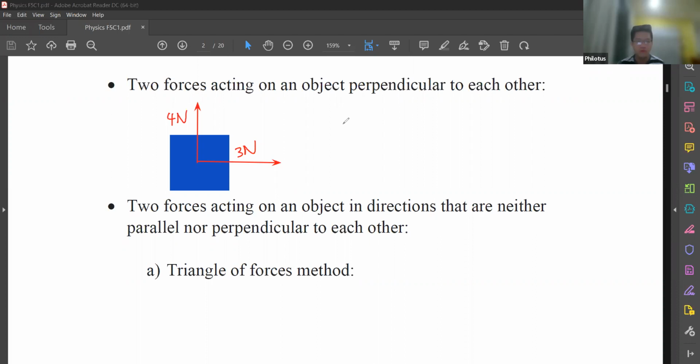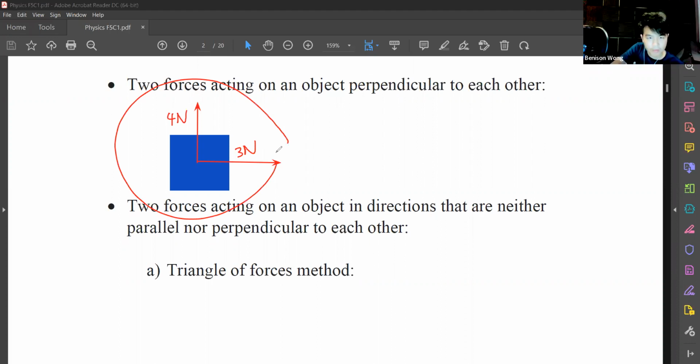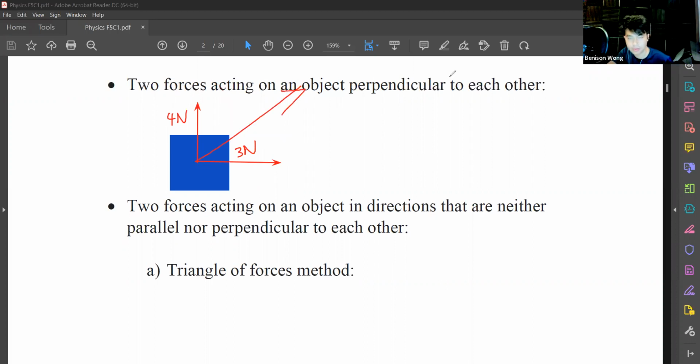When you have an object like this, you pull with a force in this direction, to the right, and then you pull with a force in the direction upwards. What will happen is the object will go in this direction, linearly.